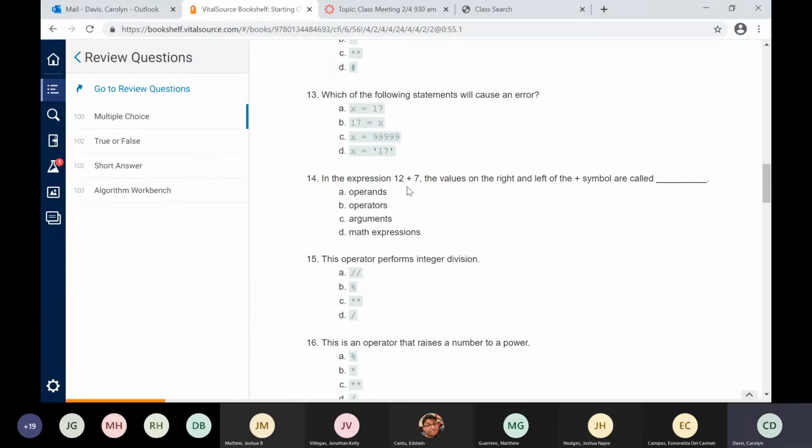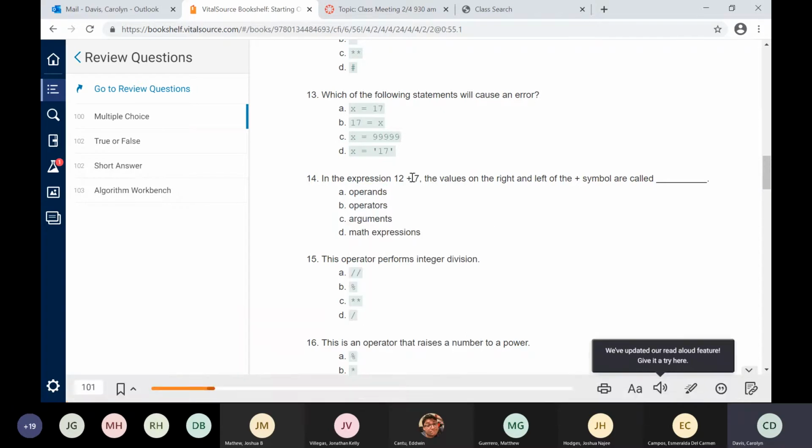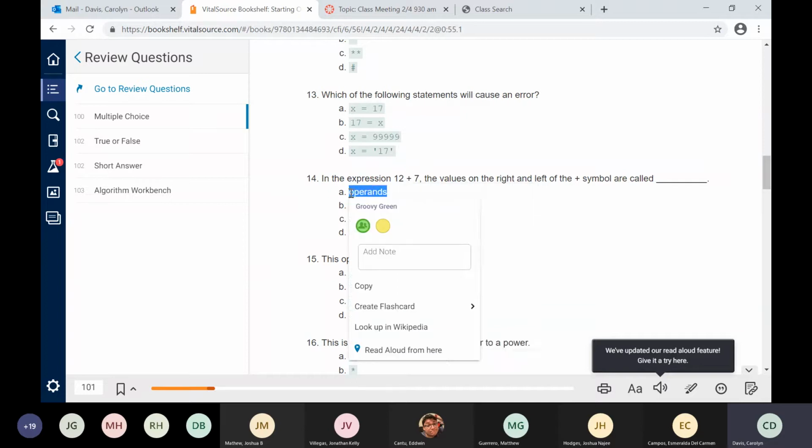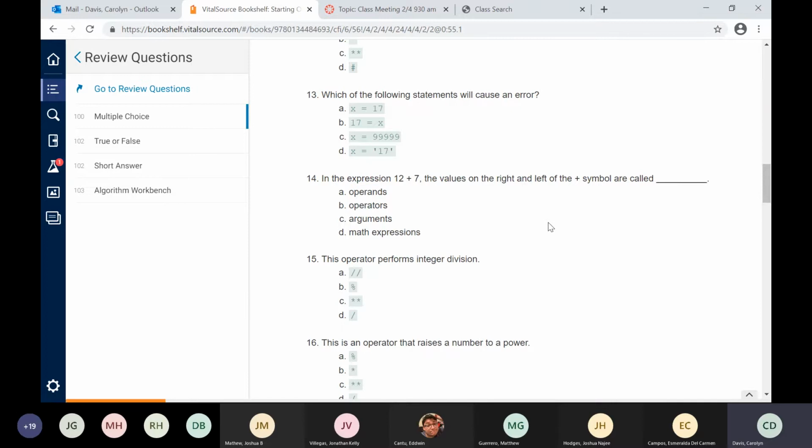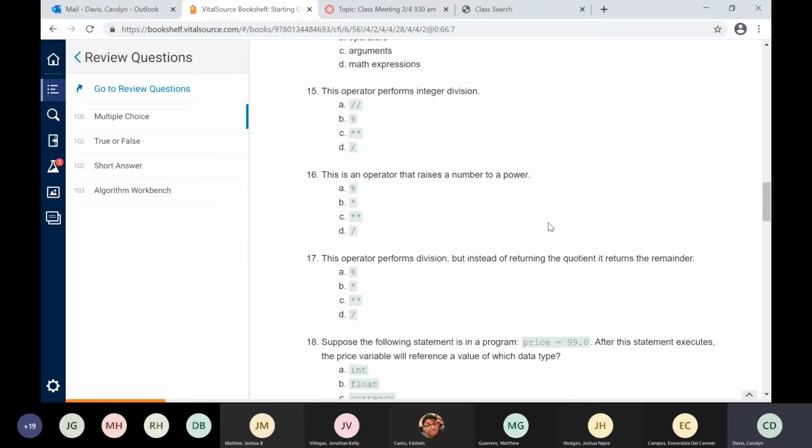In the expression 12 plus 7, the values on the right and left, meaning 12 and 7, are called operands. What's the plus sign? It's an operator. But the stuff on the left and right are operands. 15. This operator performs integer division.